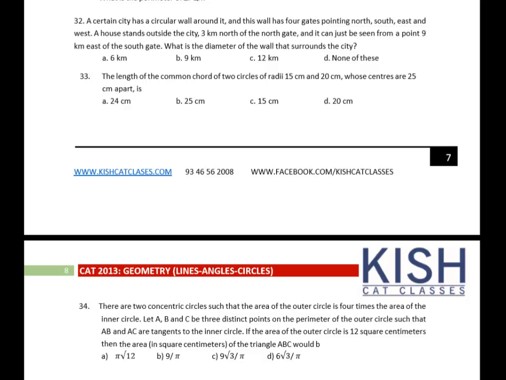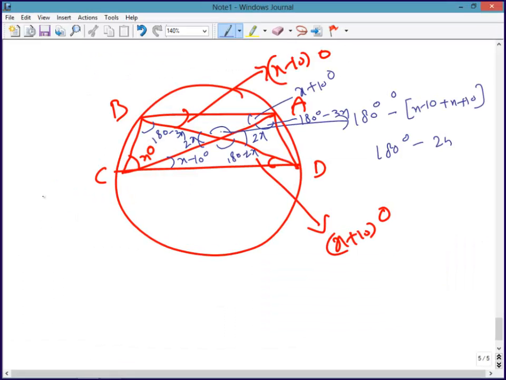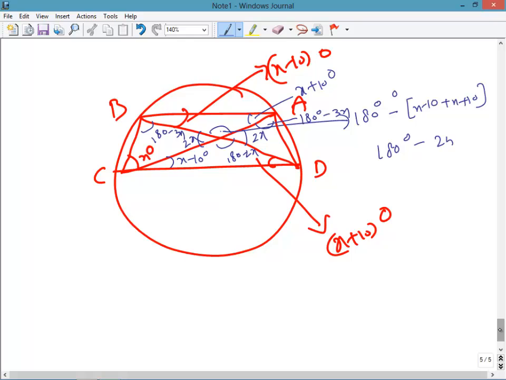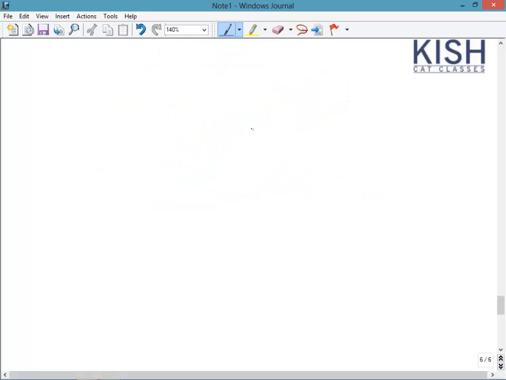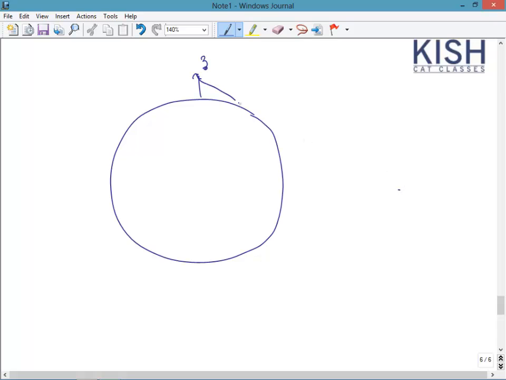So there is a city. A city has a circular wall. From this one, at a 3 kilometer distance, there is a village. This can be seen from here, 9 kilometers. It means that you can draw like this.